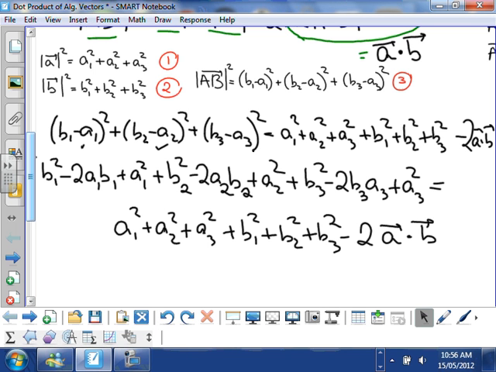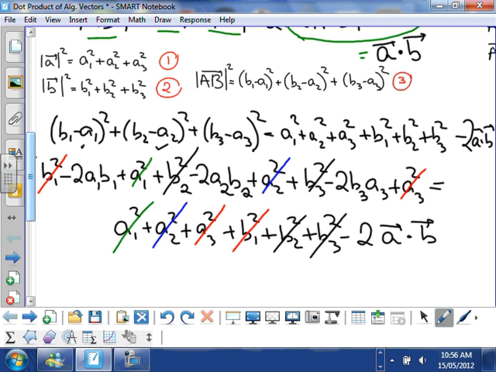Okay, look how lucky we are. What happens with b1 squared, b1 squared, a1 squared, a1 squared, b2 squared, b2 squared, a2 squared, a2 squared, we are very lucky, b3 squared, b3 squared, a3 squared, a3 squared.